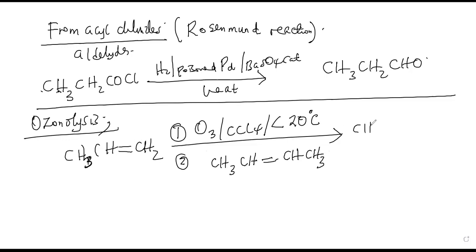We shall form ethanol and methanol. You form ethanol and methanol from propene. So this first part will give you one, and this other part will also give you one. So that's why we have split it like that.